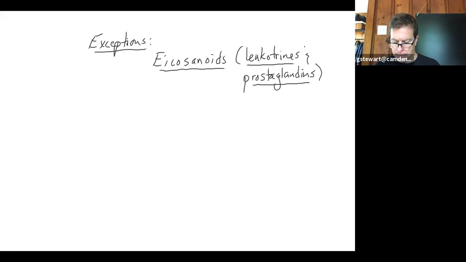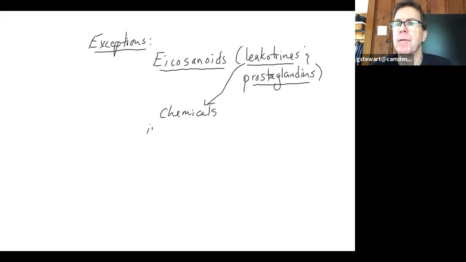Leukotrienes are basically signaling chemicals that are involved in allergic reactions or some sort of inflammation process. I'm just going to write chemicals.